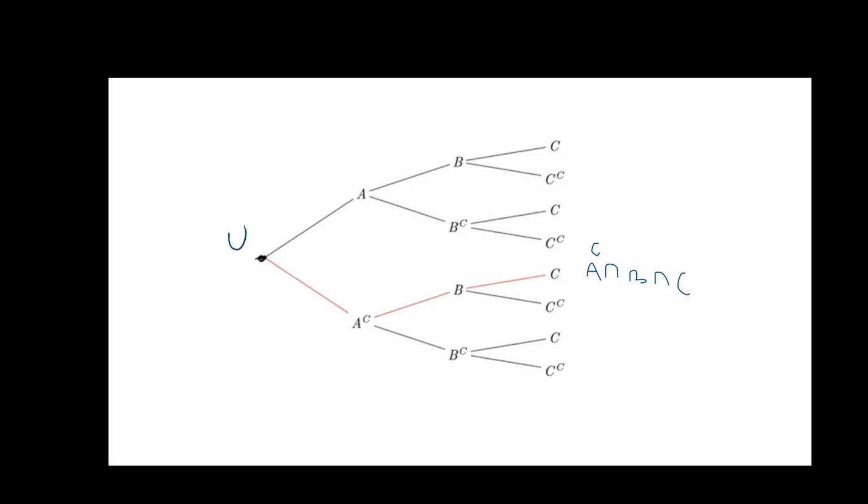So that's the intersection part. Again, if you take an example, this red part, you have A, not in A, B, and C. If you're sitting here, you are an element of this set, okay?